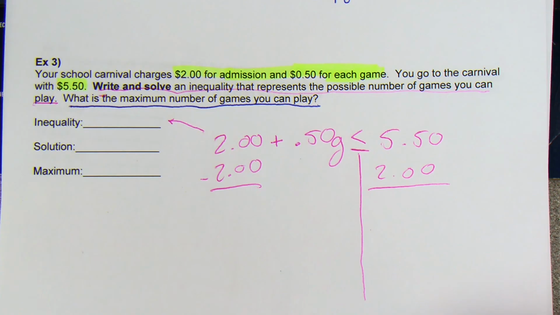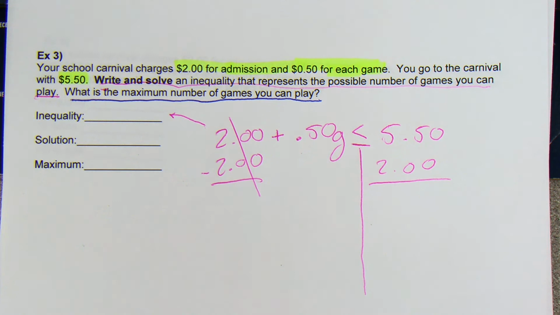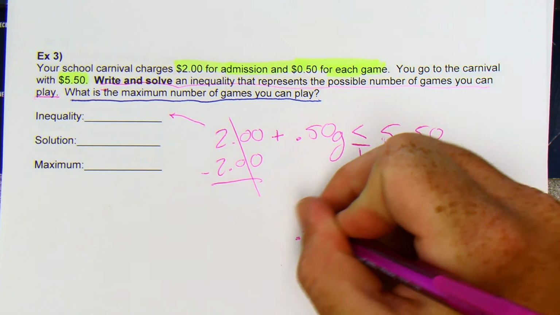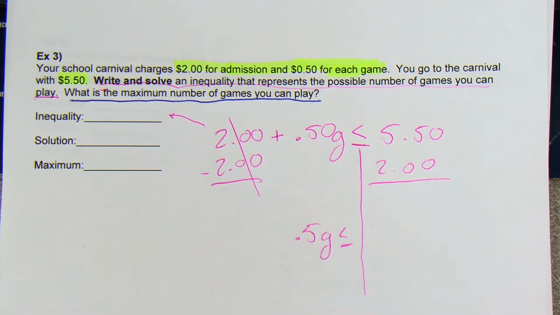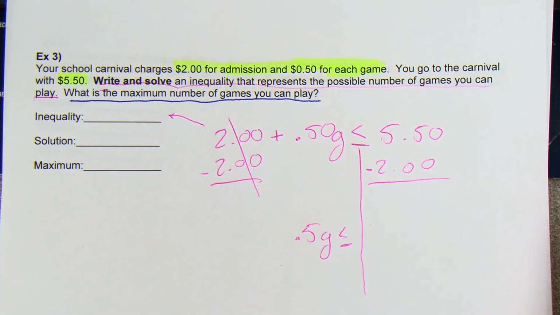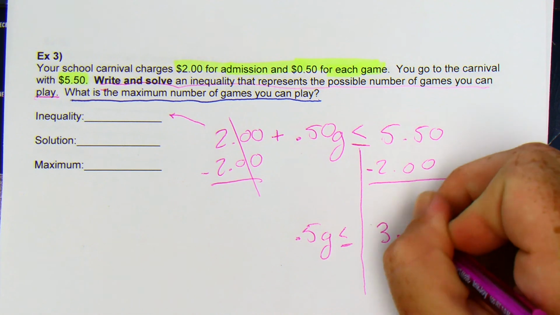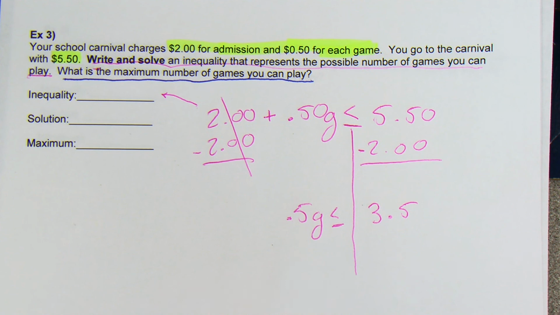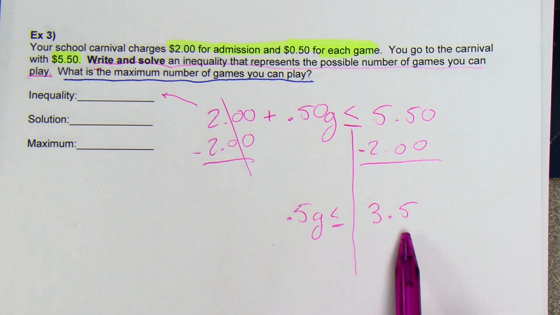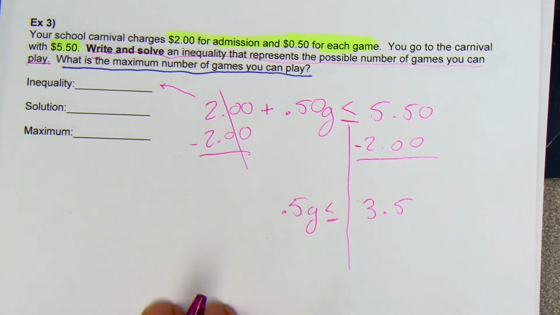When I subtract it from this side, that cancels out, so I'm left with 0.5 times games is less than or equal to 5.50 minus $2, which gives me 3.5. So 0.5G is less than or equal to 3.5, which means 50 cents per game has to be less than or equal to $3.50.